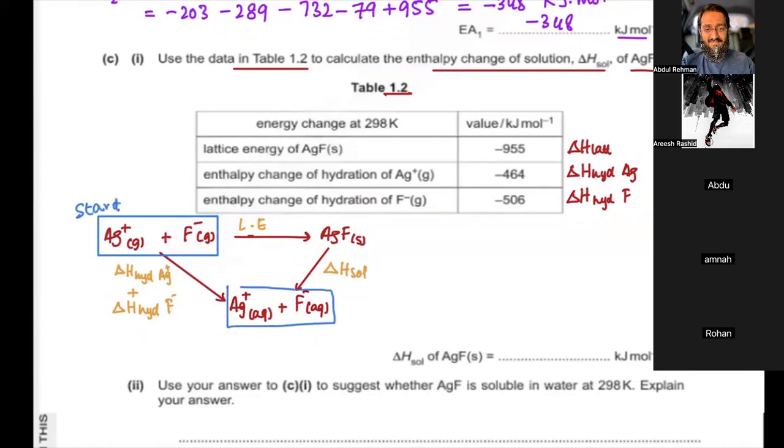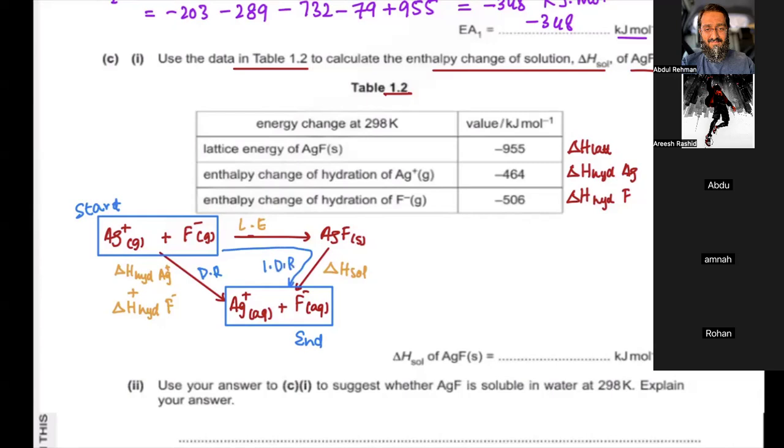Both the arrows are pointing towards these aqueous ions, so this is the point where the cycle is being ended. This is your direct route and this is your indirect route, because these gaseous ions first turn into a solid and then it dissolves.